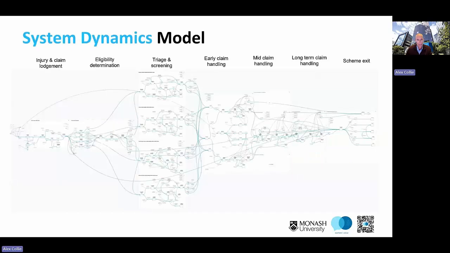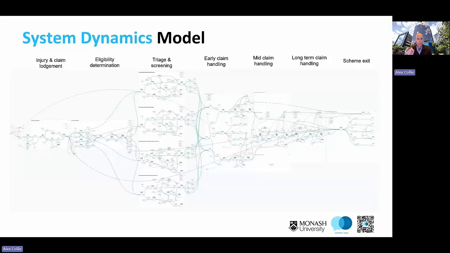So this is our system dynamics model, or a version of it, a visual of it, of a workers' compensation system in Australia. So you can see all the different little stocks and flows and feedback loops, and there's different pathways through the system. I've labelled different components of it here so you can understand what's happening. It starts from the point of injury and claim lodgement and ends with an exit from the scheme, which can occur in multiple different ways, not just return to work.